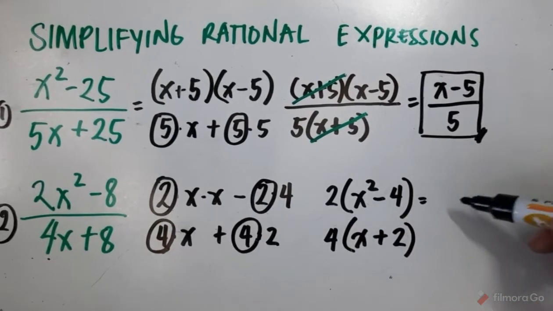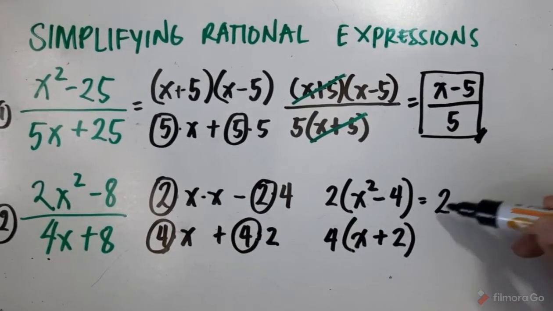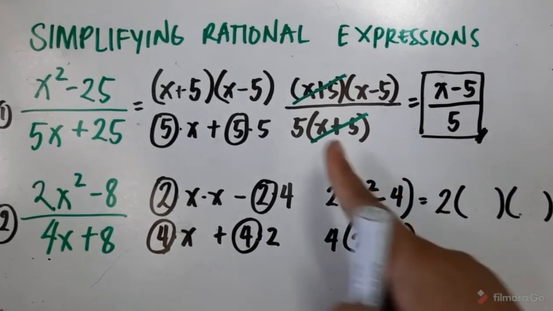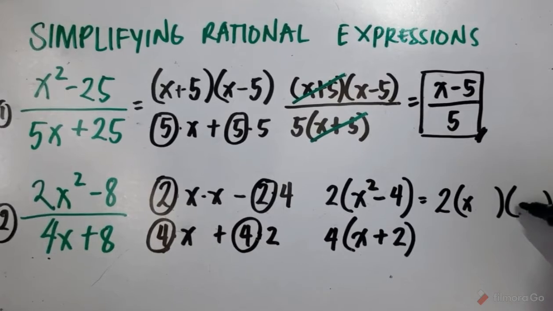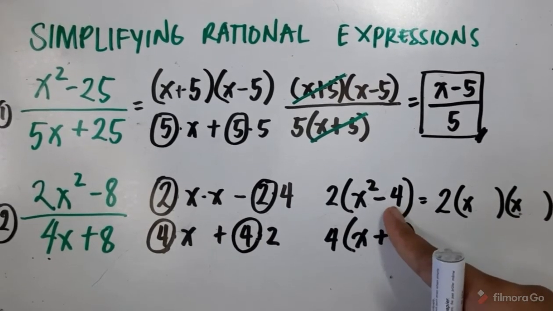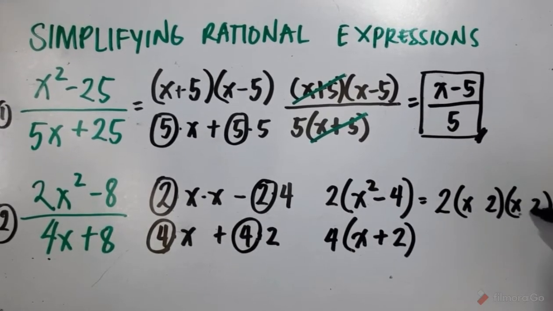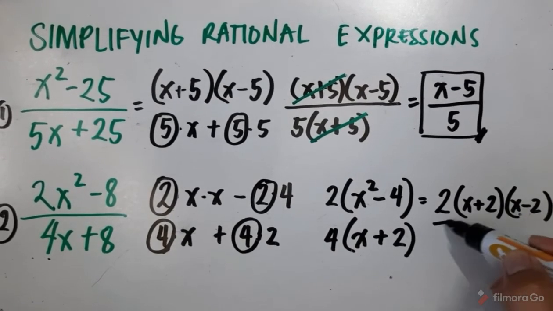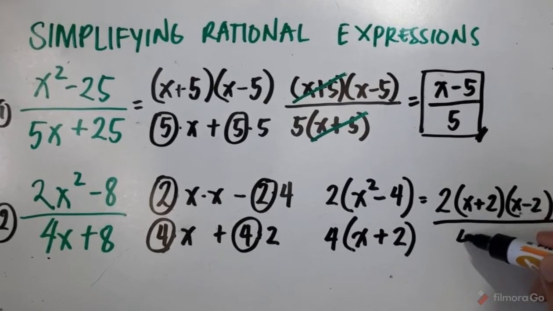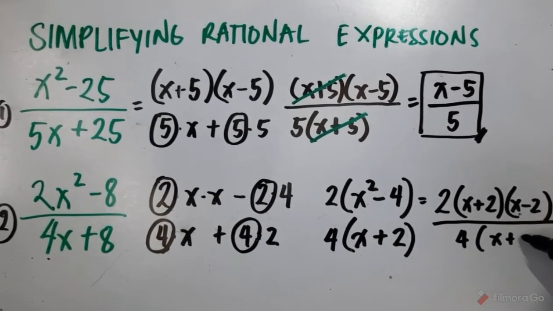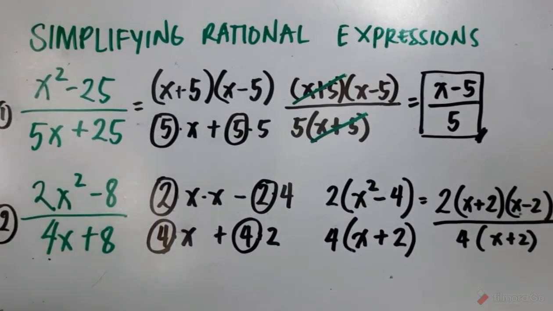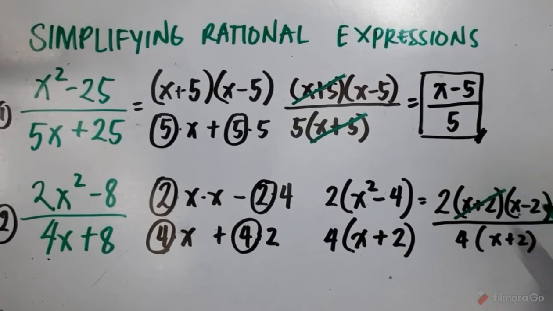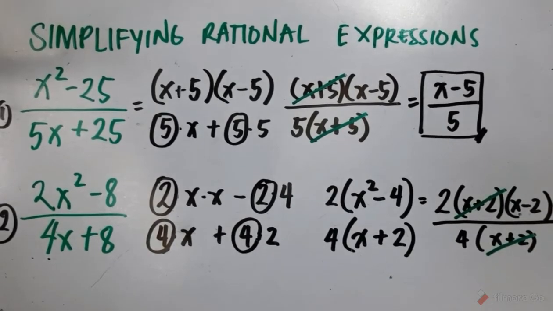The factors of that will be, let's just write two binomials, like what we have here: x, and then the square root of 4, which is 2 and 2, plus and minus. Okay? In the denominator, let's just copy 4 and then x plus 2. Now, what's the common factor? Do you see a common factor this time? Yes. That would be x plus 2 and x plus 2.